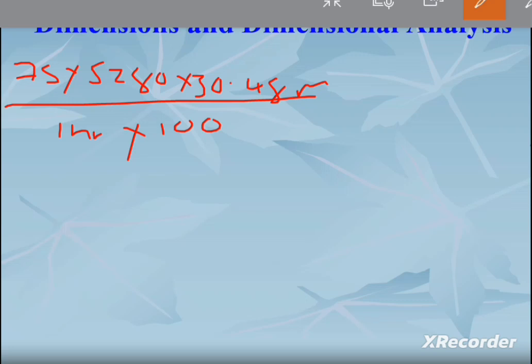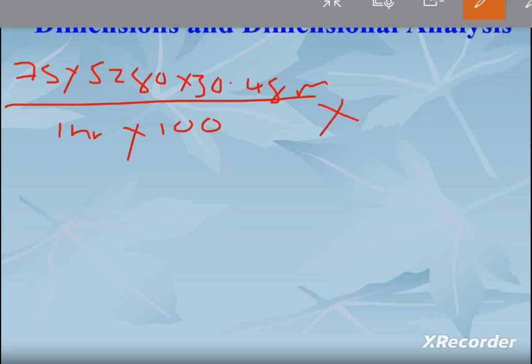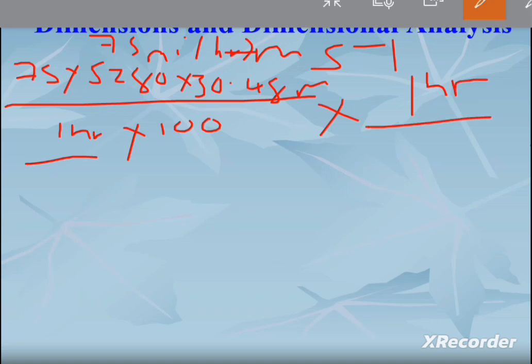So we are now done with the conversion of length. Now we go over to the conversion of hour. Because hour is at the bottom, and the question said convert to meters per second, we are taking 75 miles per hour to meters per second. Because hour is at the bottom, when you convert, you multiply at the top. Then 1 hour to seconds, we know that is 3,600 seconds.